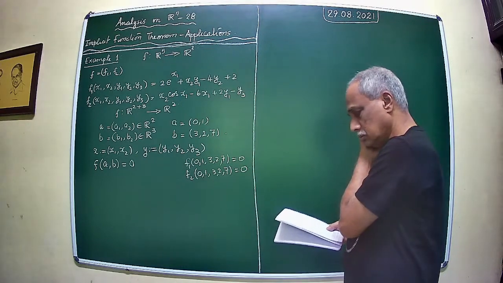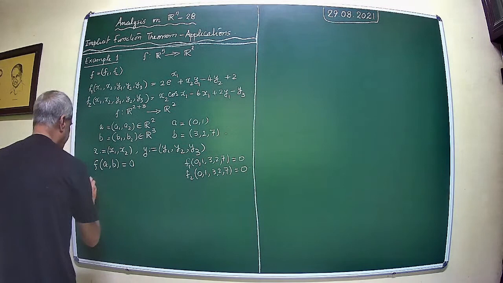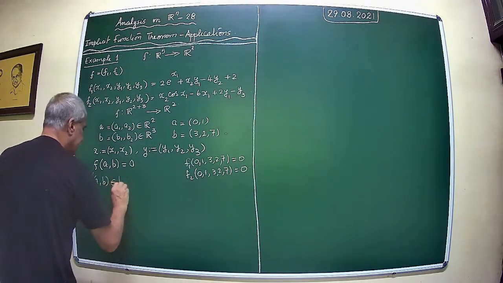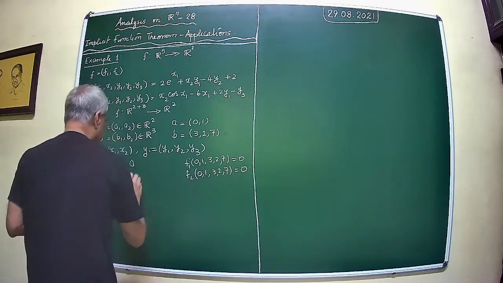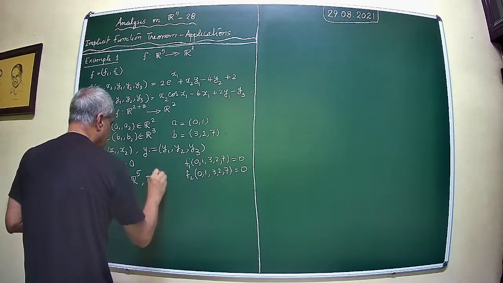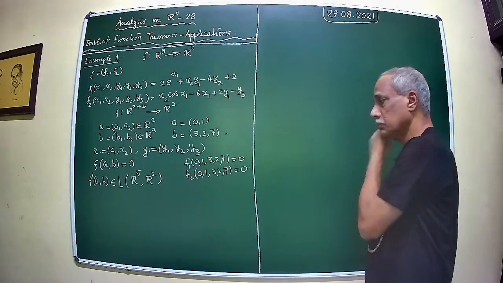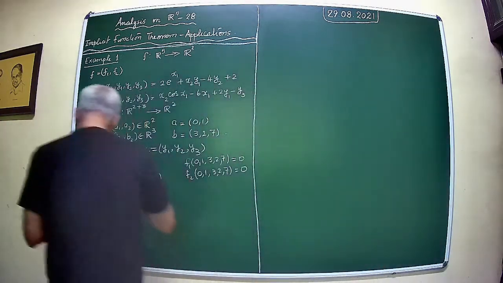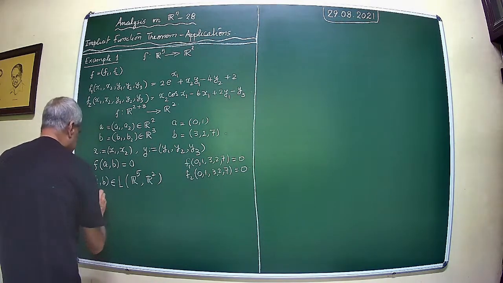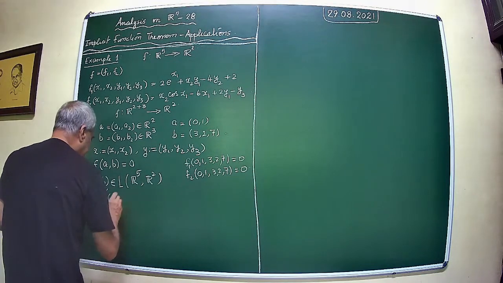Now look at F dash, the derivative of F at AB, a linear transformation from R5 to R2. And this can be written as the matrix representation for F derivative at AB.